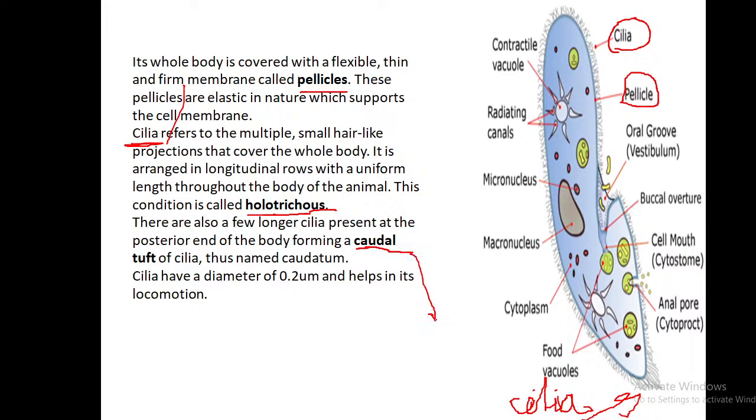Caudal means tail. Caudal region means tail region. Here we cannot exactly say tail-like, but since a pointed structure comes here, this can be considered as a tail region.